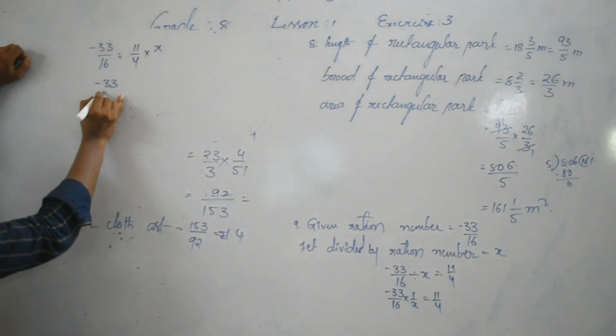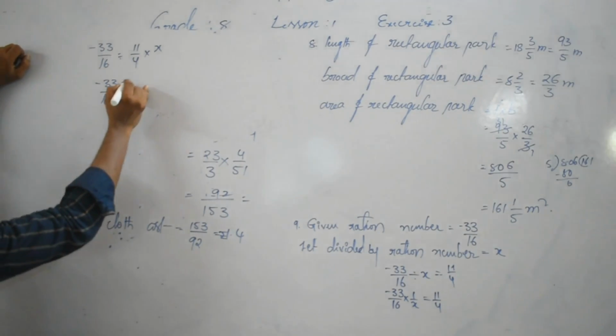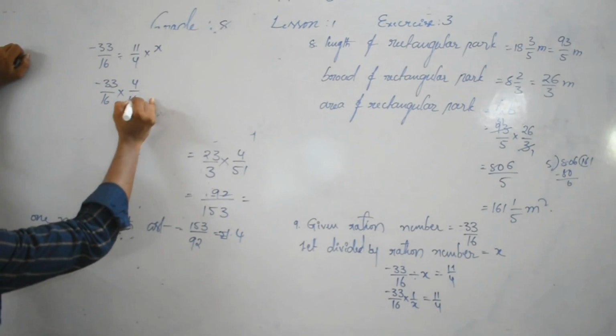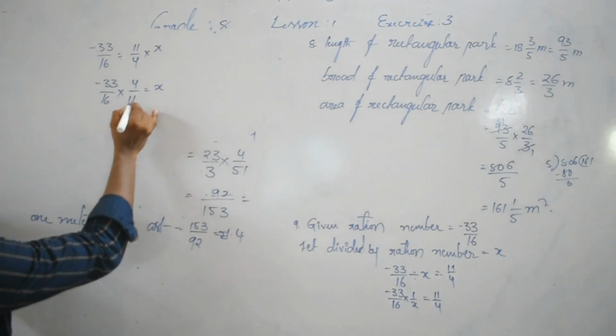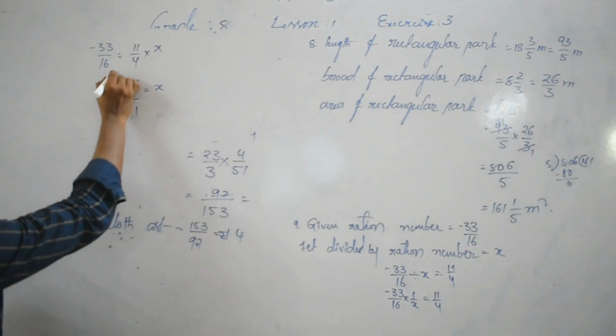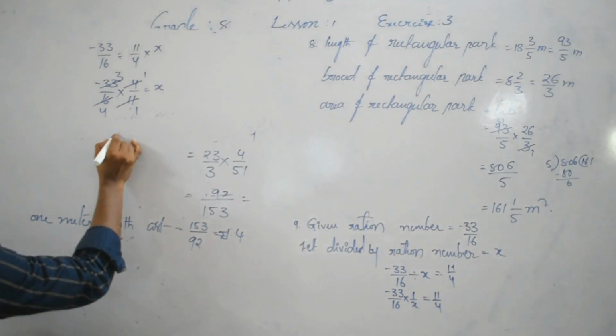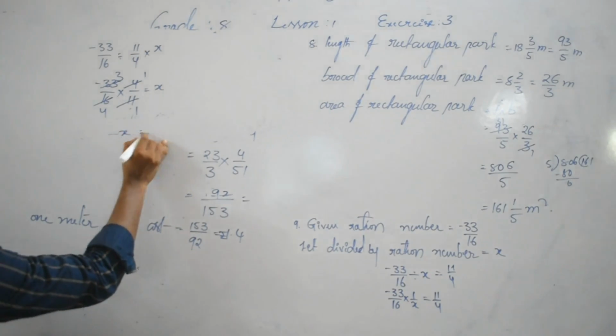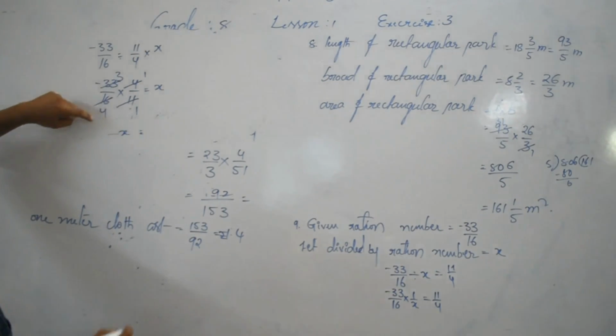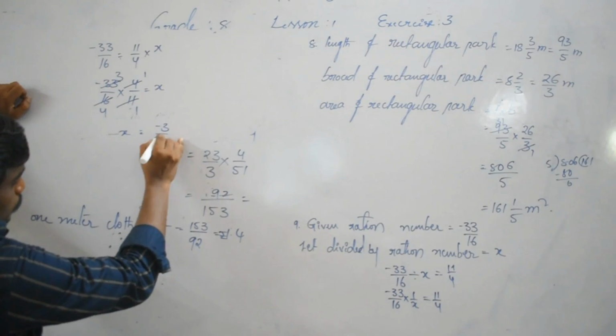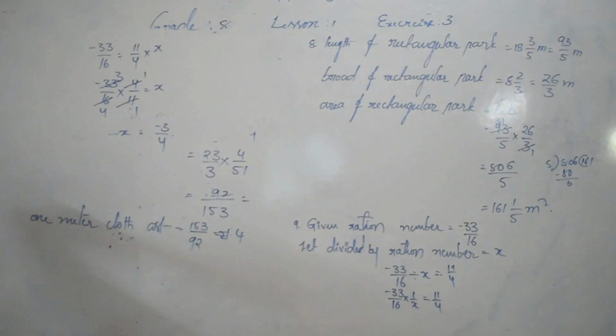Minus 33 by 16 cross out. 4 by 11 is equal to x. 11 1s are 11, 3s are... 4 1s are 4, 4s are... So x equal to minus 3 by 4. That number is minus 3 by 4.